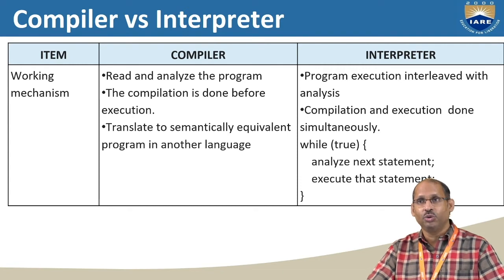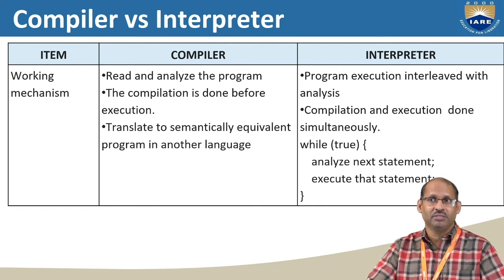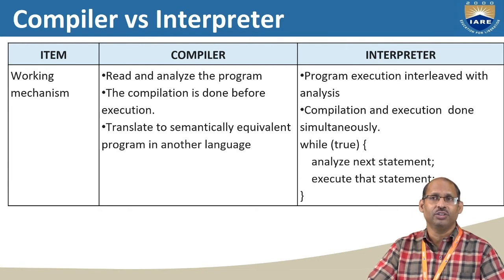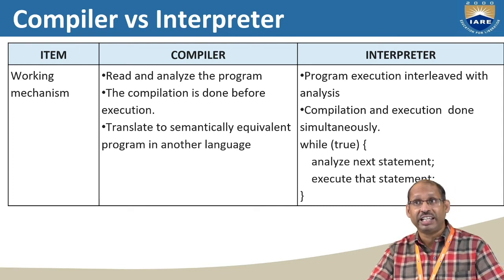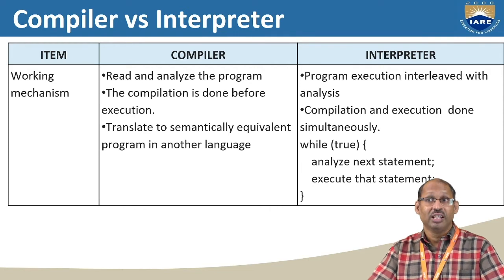Sometimes there are no errors in the program, but the output will be wrong. So the compiler gives a final result with no errors. The converted machine level language program is given, but we are getting wrong outputs. But if we take an interpreter, we are executing line by line.